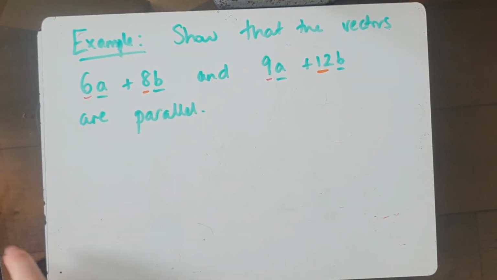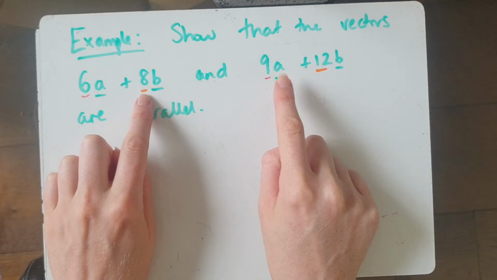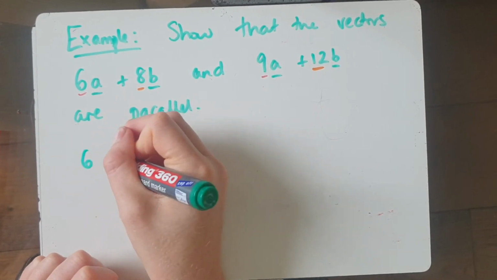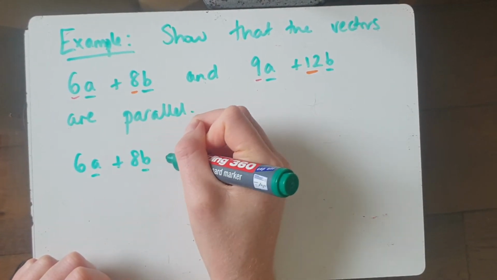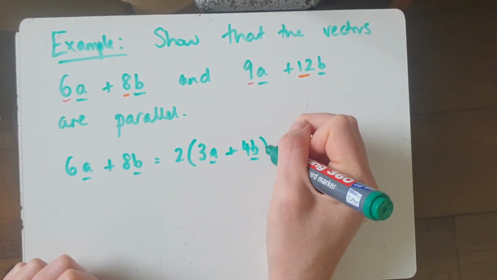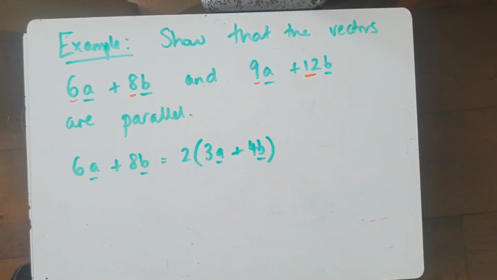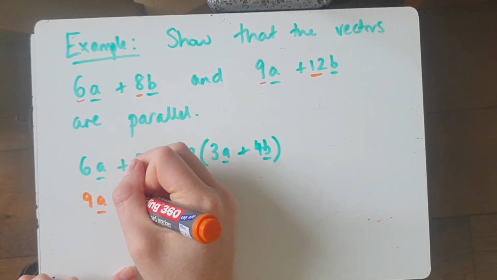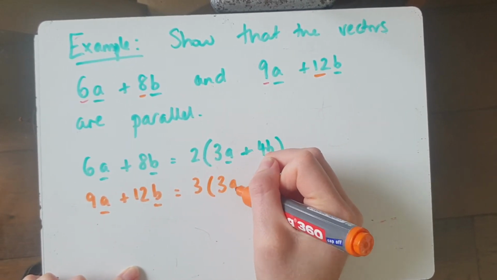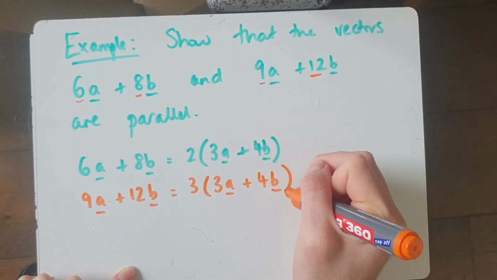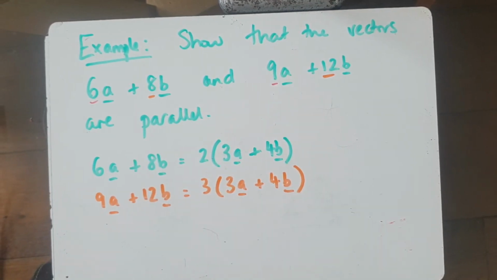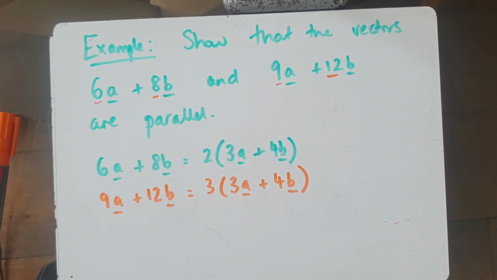And you can hopefully see these are both multiples of 3 and these are both multiples of 4. So I'm going to write out 6A plus 8B, that is equal to 2 into 3A plus 4B. And then this one, 9A plus 12B, that is equal to 3 into 3A plus 4B.